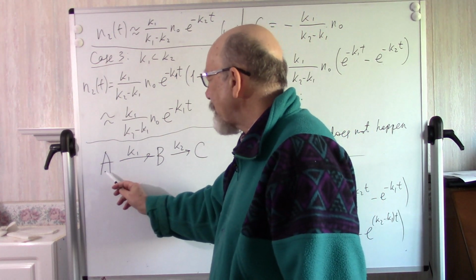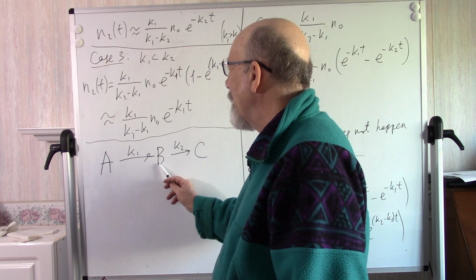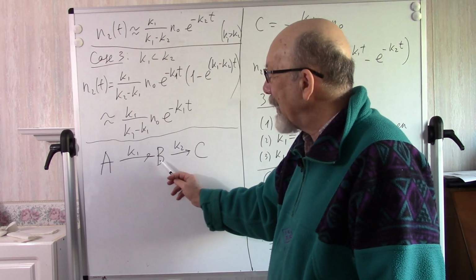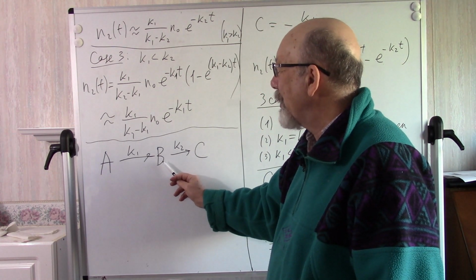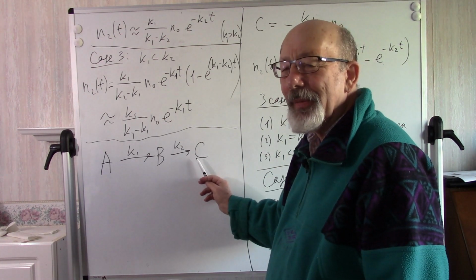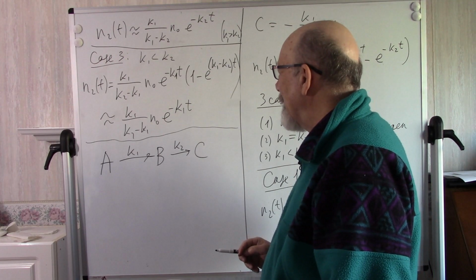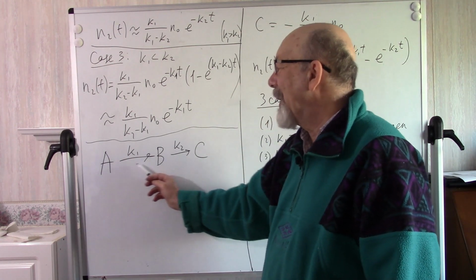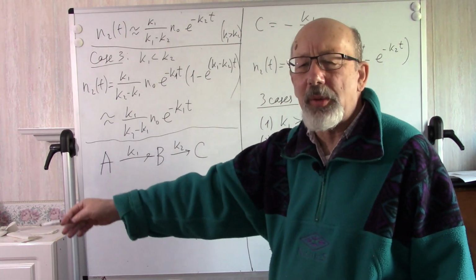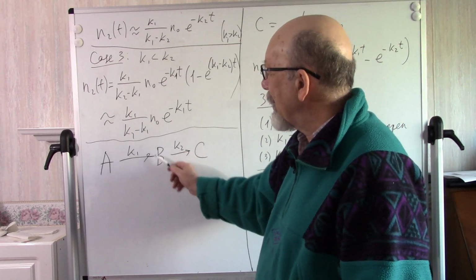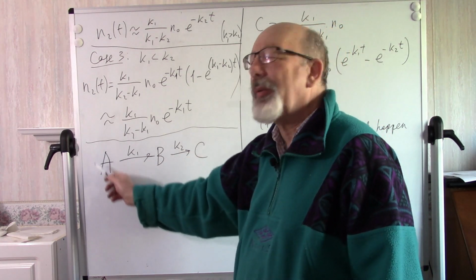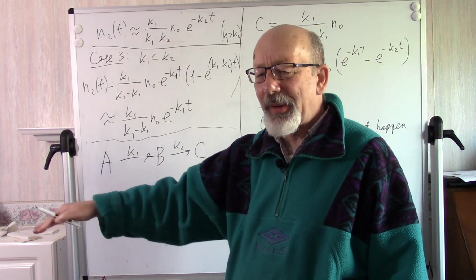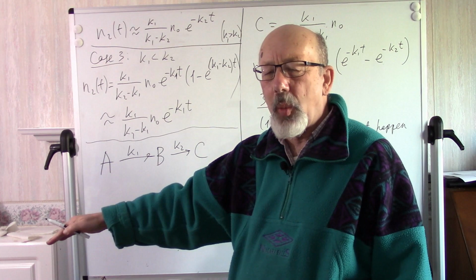This means that A is slowly transmutated into B. There is a slow process, and then after it reaches state B, this B almost immediately becomes C. So this means that the amount of B is fed by the slow decay of A, and almost immediately goes to C. So the amount of B remains all the time proportional to the amount of A. But the number of atoms of A decreases as e to the minus K1t.